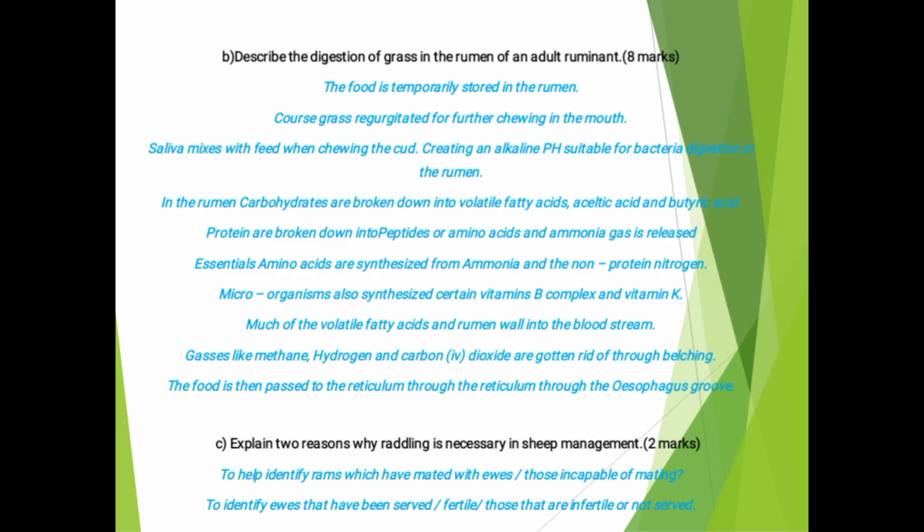So raddling helps to identify rams which have mated with ewes and those incapable of mating. It also helps to identify ewes that have been served, or ewes that are fertile, or those that are infertile and not served. So basically that is why we carry out raddling in livestock production.